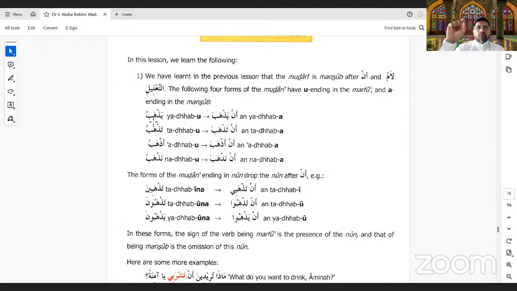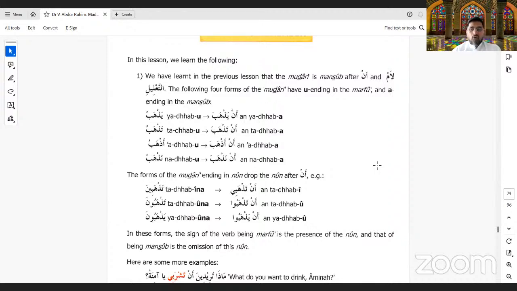So the way you say "to go" is that you have the present tense verb and you add an. So when an comes in front of the present tense, it gives the meaning of "to". When you say "to go", it doesn't refer to any individual like I, we, or she. It just indicates an action. I want to go. And that's called in the Arabic language the masdar mu'awwal.